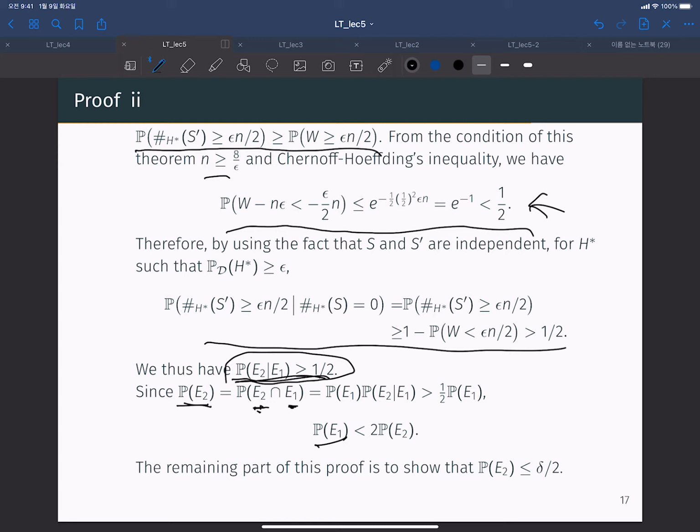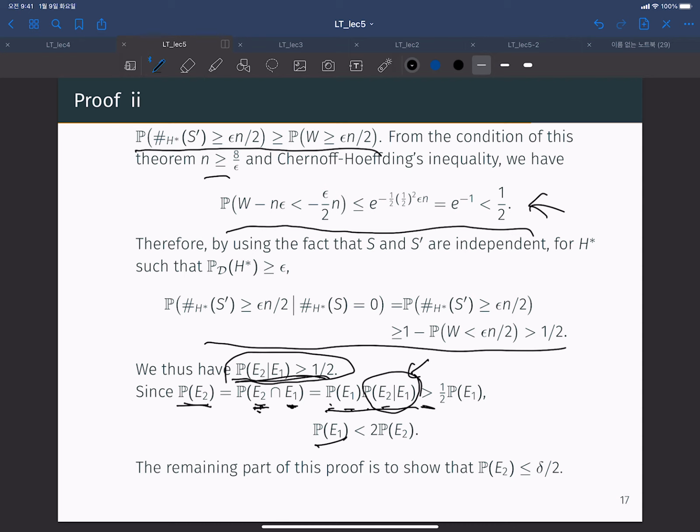And from Bayes' rule, we have this: the probability of E2 intersection E1 is equal to probability of E1 times probability of E2 given E1. And we know that this one is greater than 1/2. So replace this by 1/2 and having this sign.